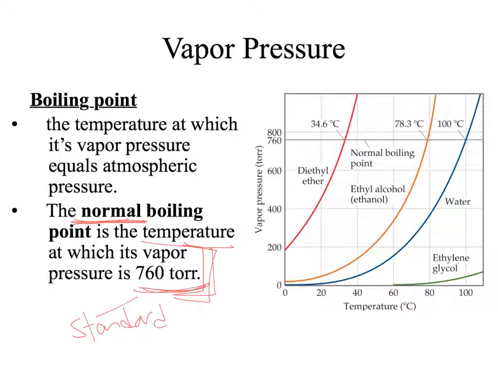Standard pressure is defined as 1 atmosphere, which is the same as 760 torr. You're going to study gases and review all this stuff. And the normal boiling point is the temperature at 1 atmosphere, the temperature when the vapor pressure is equal to 1 atmosphere, or 760 torr.